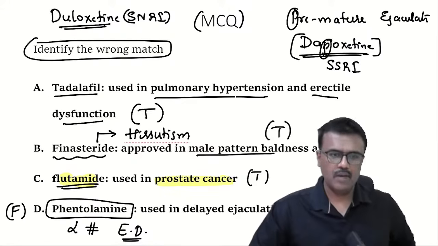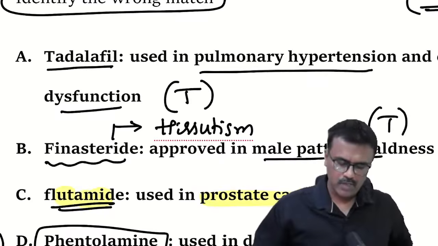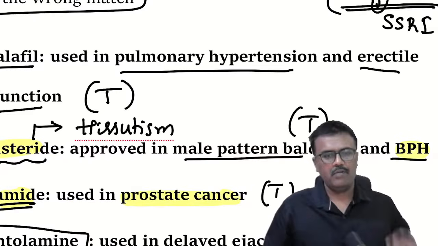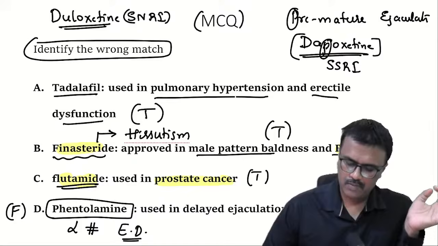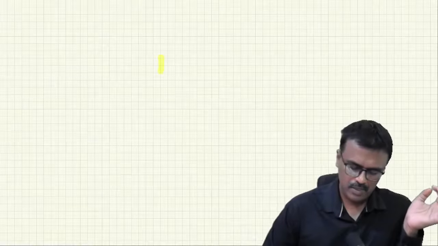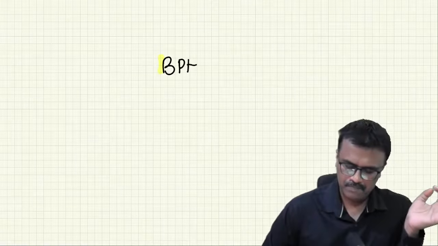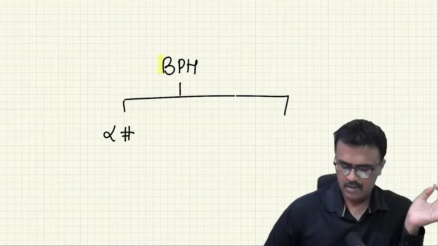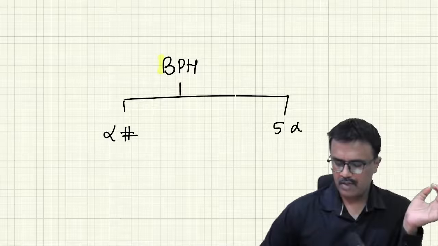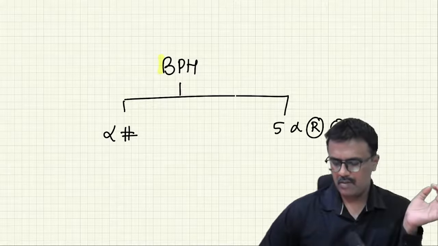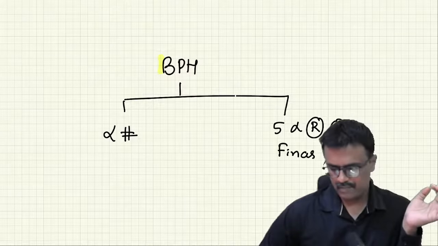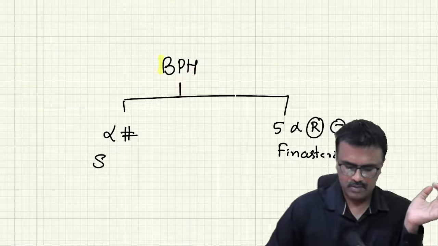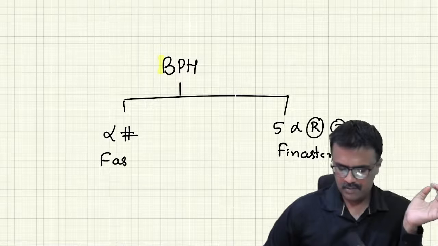Okay. Now the question was asked, why are we using finasteride in BPH, benign prostate hyperplasia? For managing BPH, 2 important drugs we use, alpha blocker and then 5-alpha reductase inhibitor, finasteride. Now these alpha blockers are fast acting.